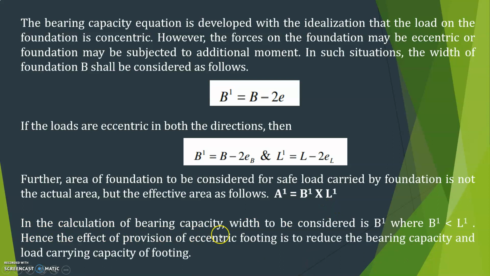In the calculation of bearing capacity, the width to be considered is B dash, where B dash is less than L dash. Hence, the effect of provision of eccentric footing is to reduce the bearing capacity and load carrying capacity of the footing. So this difference you have to consider when there is eccentric loading.